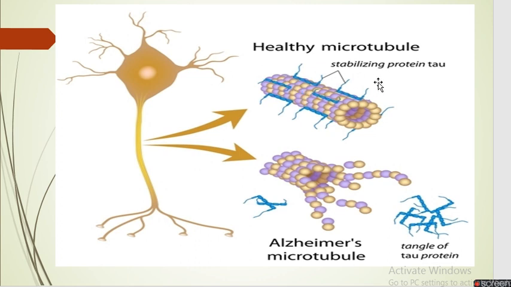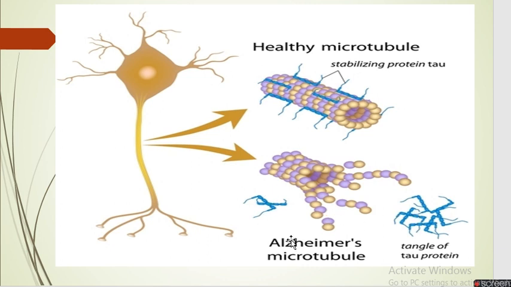So when these proteins become destabilized, for example, when they become detached from the microtubule, the microtubule function becomes disturbed. Now that microtubule can no longer pass the neurotransmitter properly from the cell body to the axon and then to the synapses point.